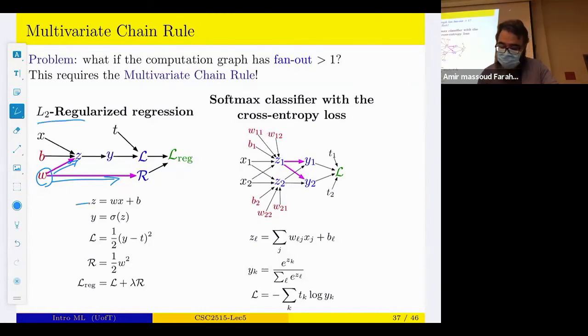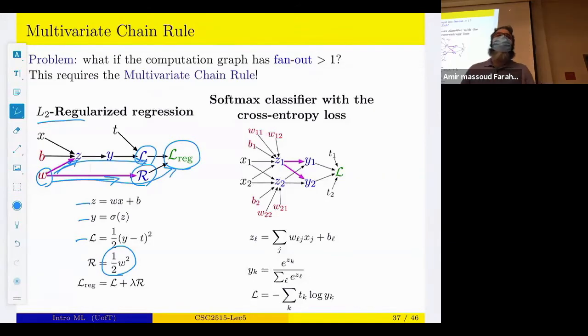So input X, Y, L is the same, but at the end we have the regularized loss, which is the loss plus the regularizer, and the regularizer is that. So you see that there are 2 paths for the weights to affect our loss. One is through this path, the other is through this path. So this makes the fan out of some node in this computation graph larger than 1. So what should we do?